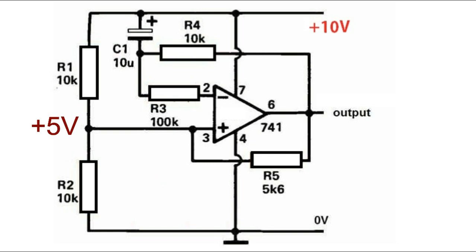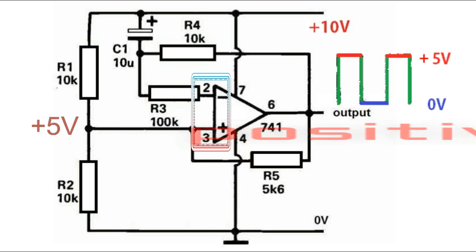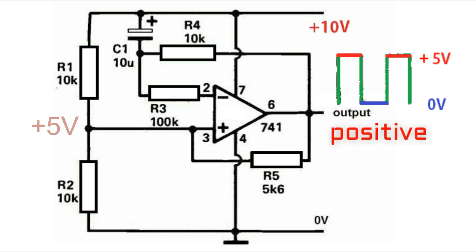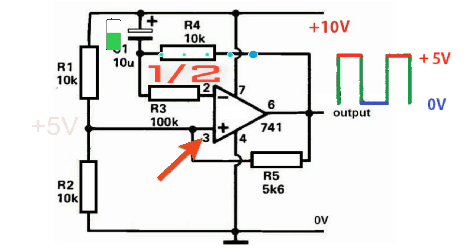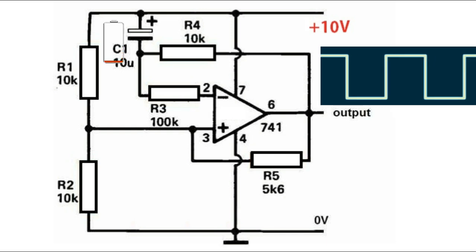In this situation, the output of the 741, which compares voltages at pins 2 and 3, will turn positive. C1 will repeat the process when the voltage at pin 3 rises to the other side of half supply, forcing the 741 output to follow and generate a square wave.